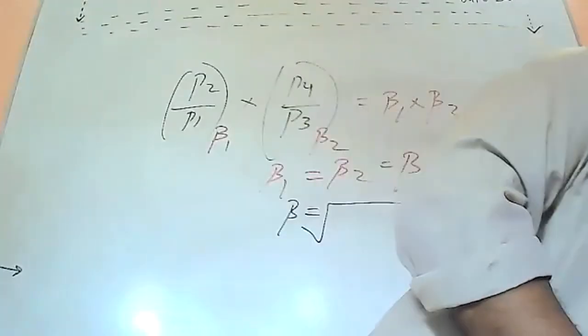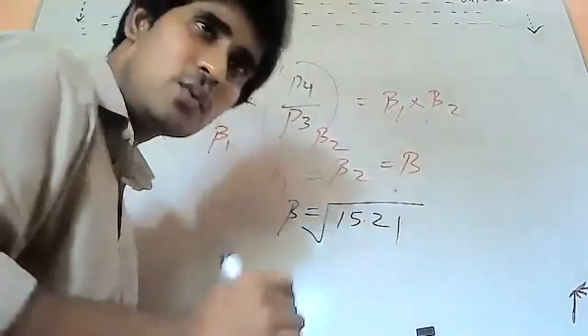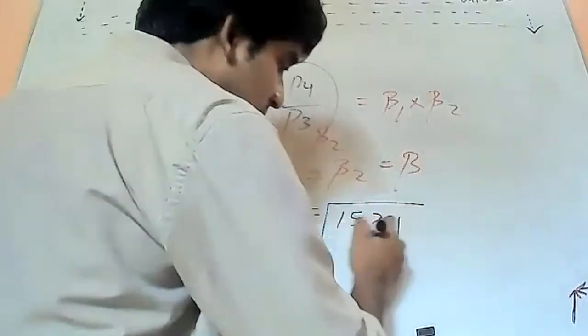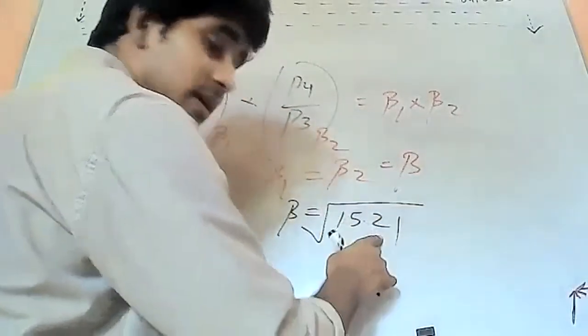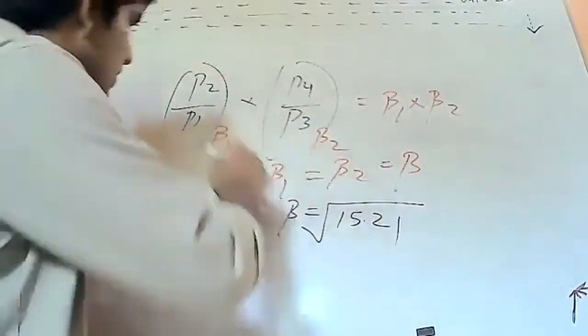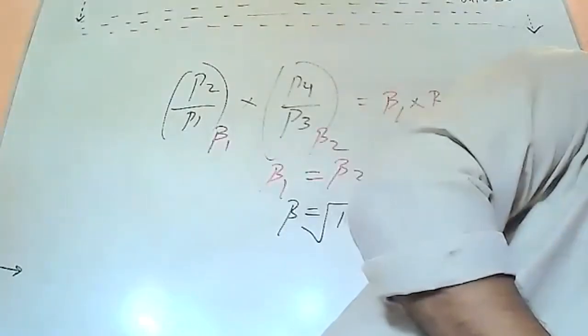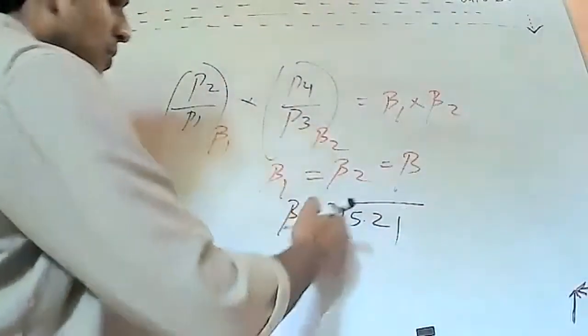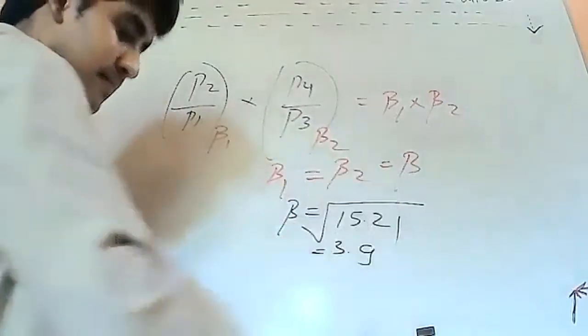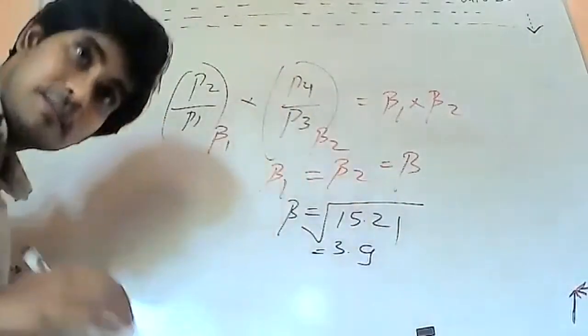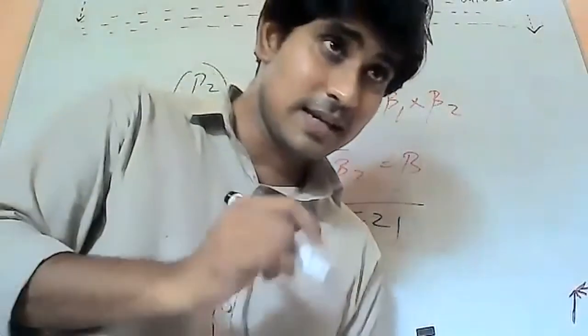According to this problem, the overall compression ratio is mentioned as 15.21. So what is the pressure ratio in each of these stages? The root of 15.21 is 3.9. So that is the compression ratio in a single stage.